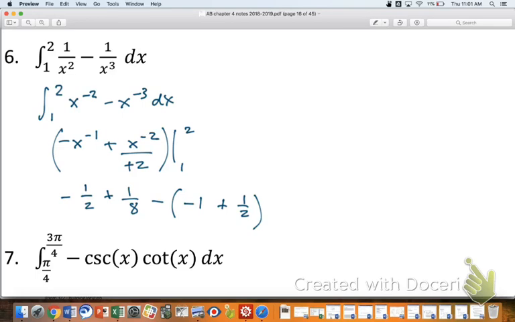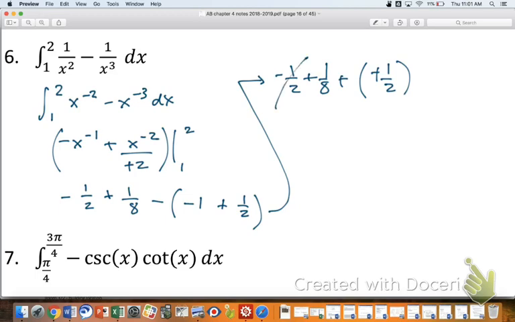So let's see here. What would be the easiest way to do this? I guess this would be negative 1/2 plus 1/8 minus, this just becomes negative 1/2, doesn't it? And so this becomes plus a positive. So this cancels with this, and I got positive 1/8.